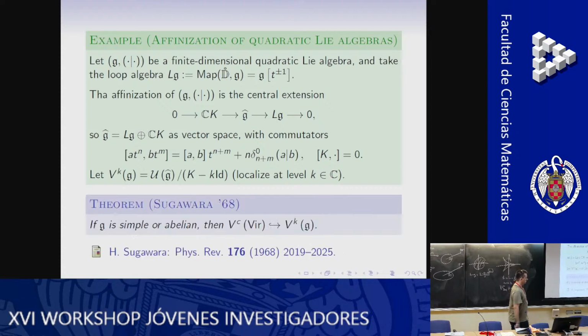Entonces, el primer resultado, debido a Sugawara, es que si mi álgebra de Lie es simple o conmutativa, entonces obtengo un embebimiento del álgebra universal de Virasoro en el álgebra afín universal.